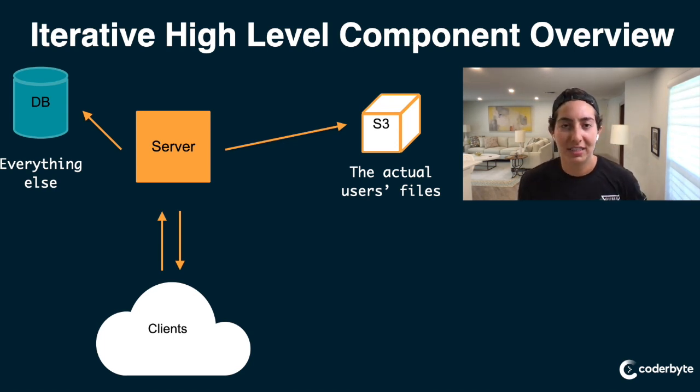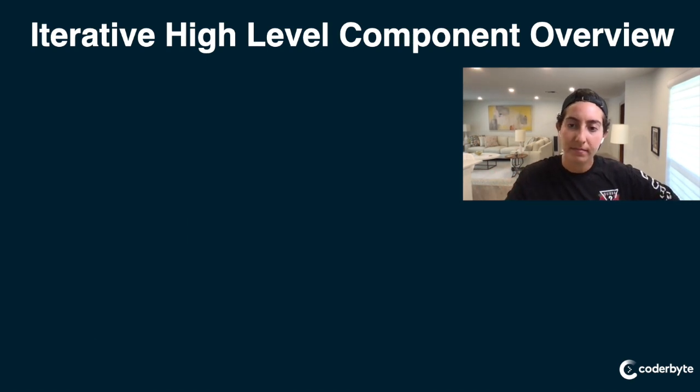That's not what it stands for because that's not 3 S's. But anyway, they put all of the users' files in S3 on AWS, and then everything else they stored in a database that was at least not on the same machine as the server, right? They split the boxes a little bit. And then the clients communicated only with the server, but the server was able to pull from the database and then from S3 and give things back to the clients. So that was their next iterative design.